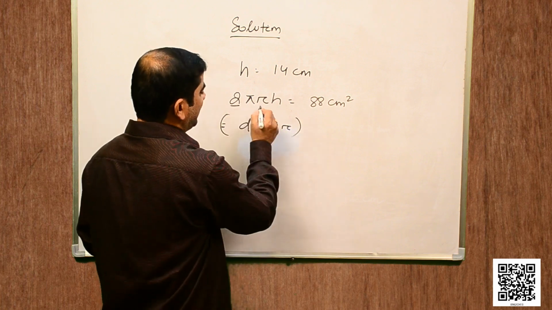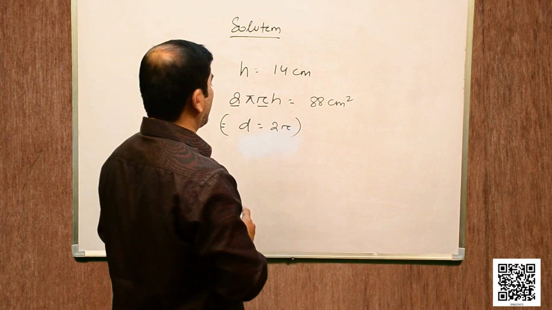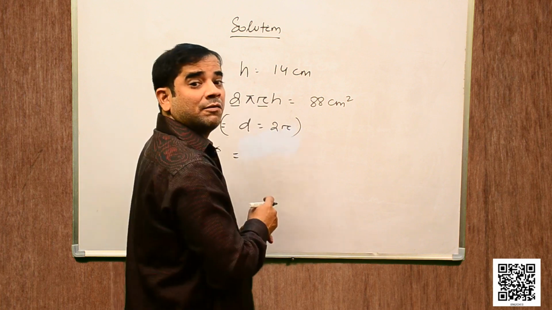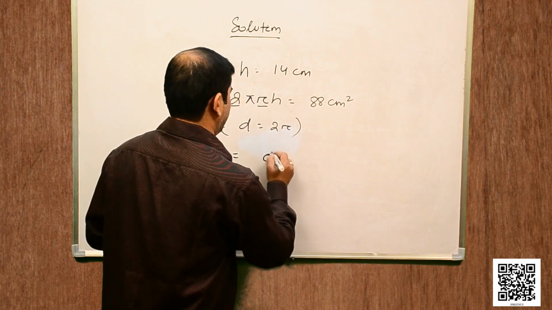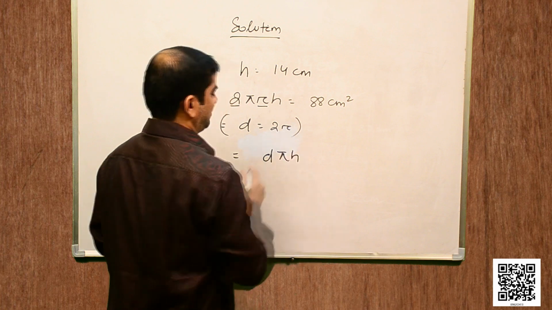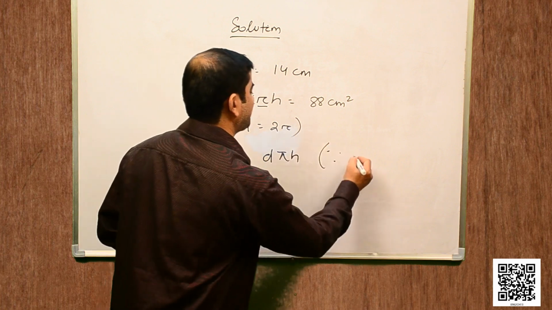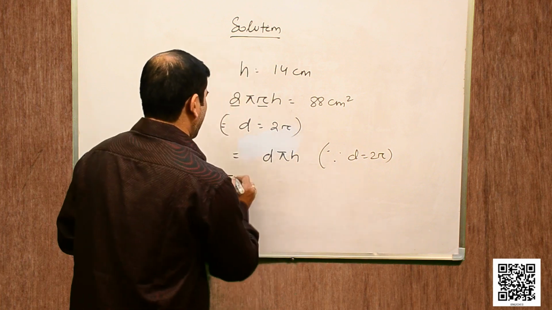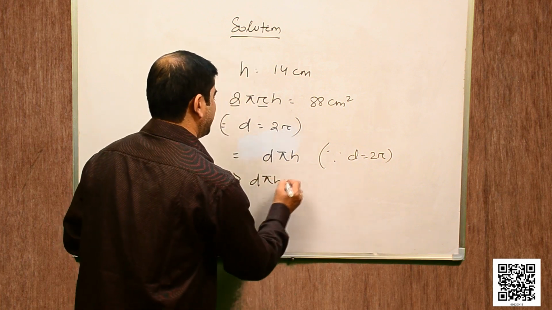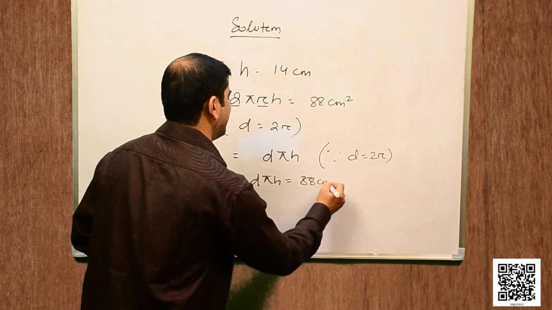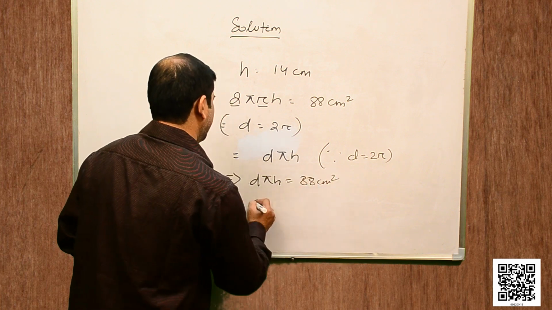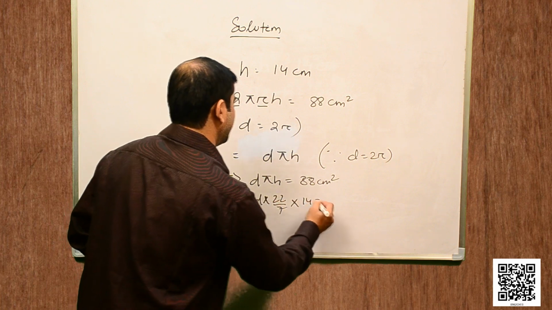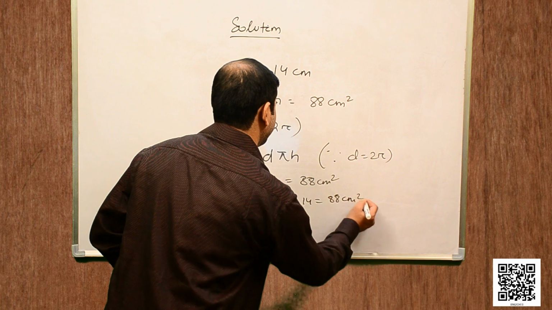So we can substitute 2r by d and write the formula as d pi h, because d is equal to 2r. That implies d pi h is equal to 88 centimeter square. So d into 22/7 into 14 is equal to 88 centimeter square.